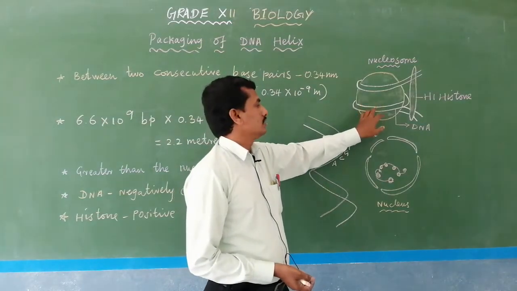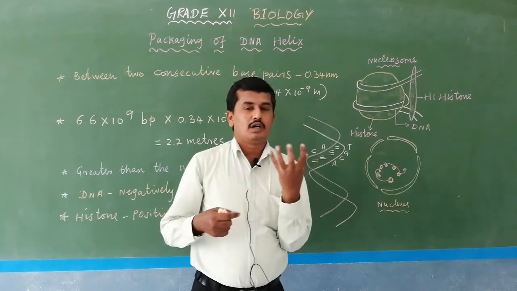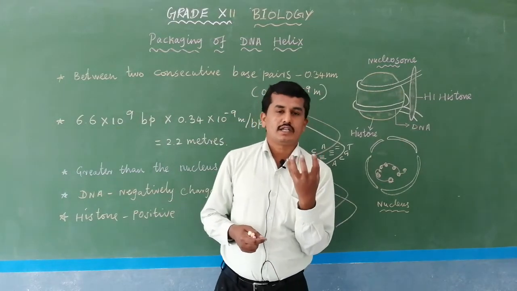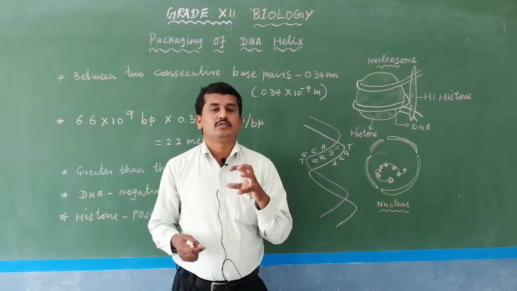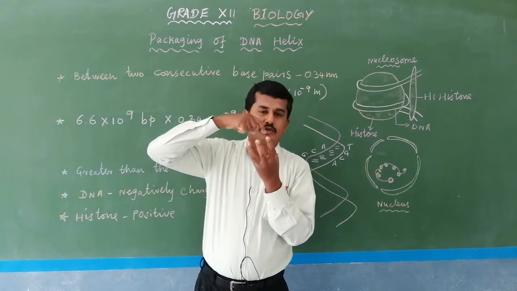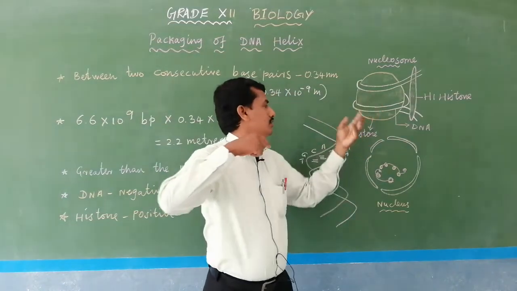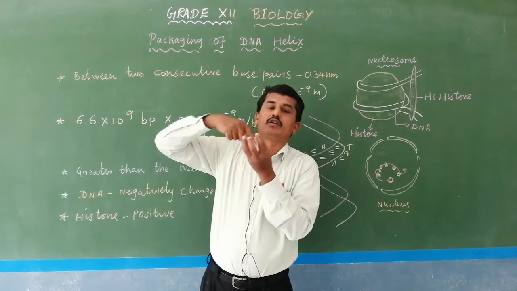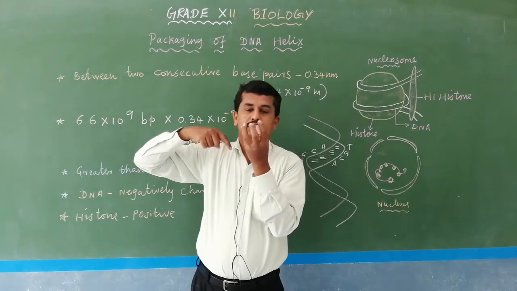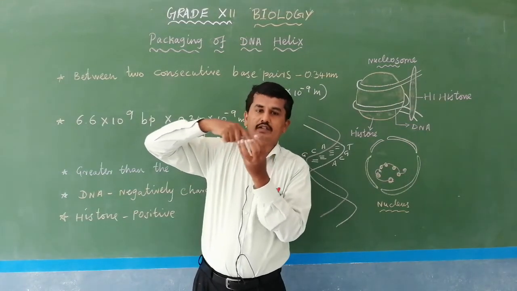The histone forms a ball-like structure, an octamer of 8 histone molecules. Around this histone protein, the DNA is coiled, because histone is positively charged and DNA is negatively charged.